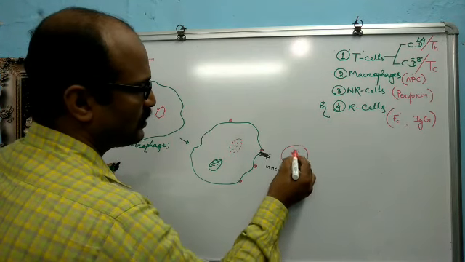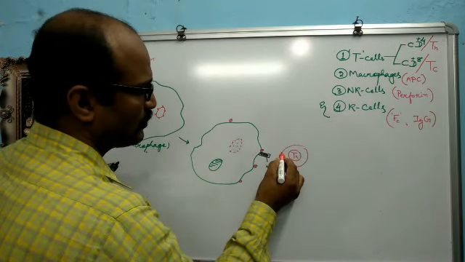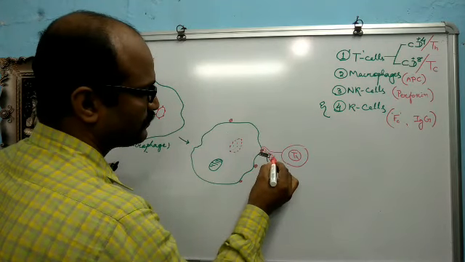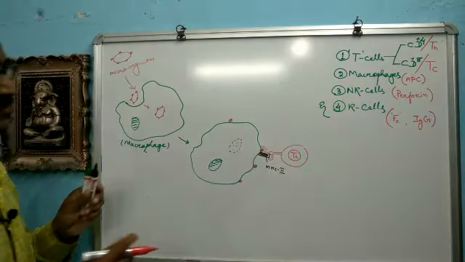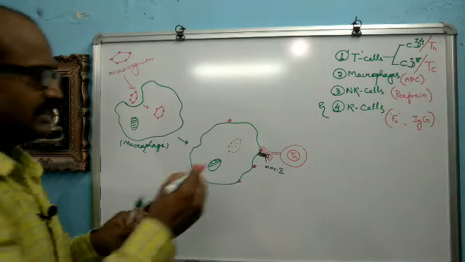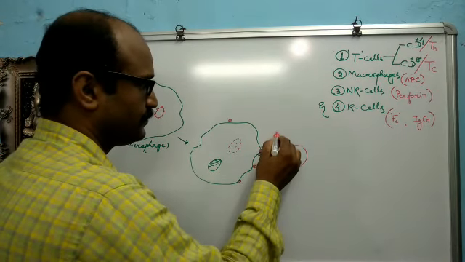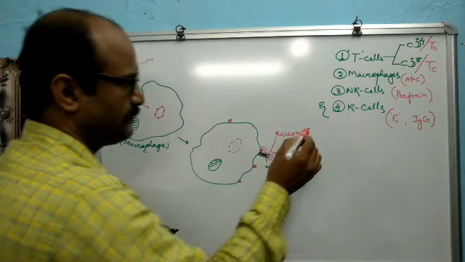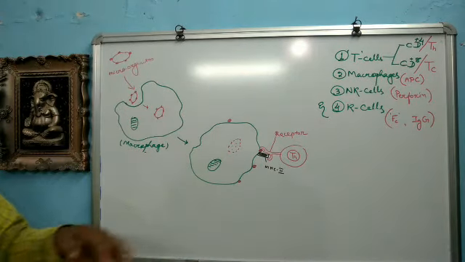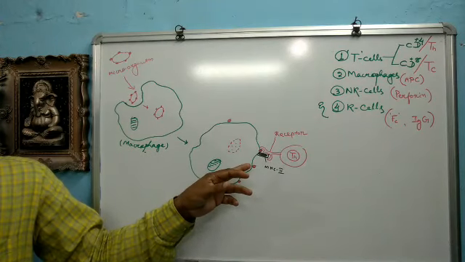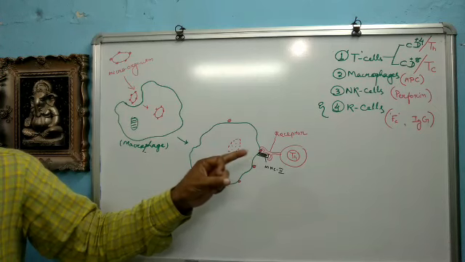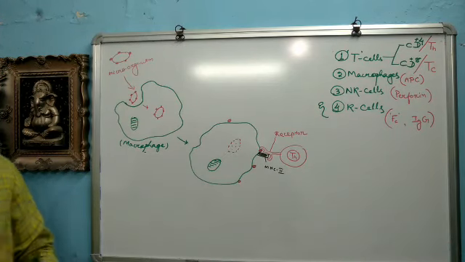Suppose this is the T helper cell. Such a T helper cell recognizes the antigen by its receptor. So the T helper cell recognizes the antigen if the antigen is associated with MHC molecules.